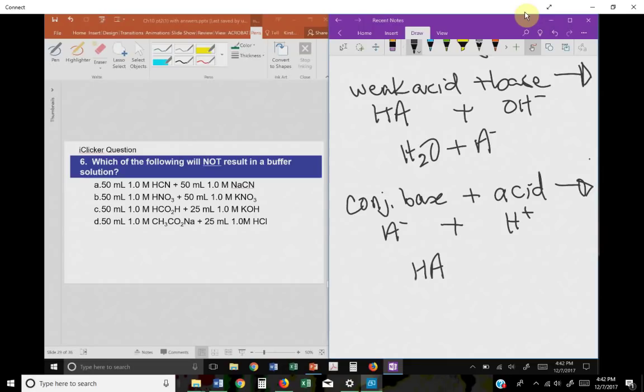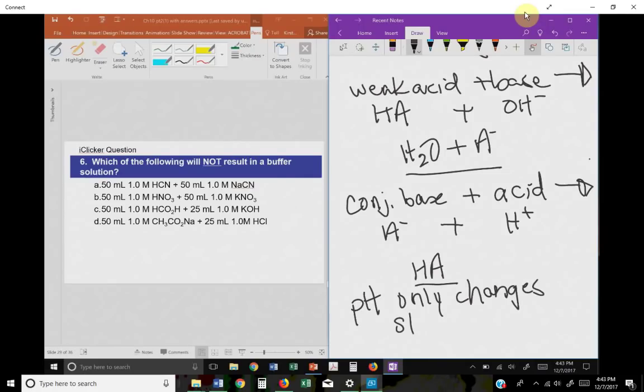And because we end up with water and some more weak base when we add a base, or just a little bit more weak acid when we add an acid, the pH only changes slightly.